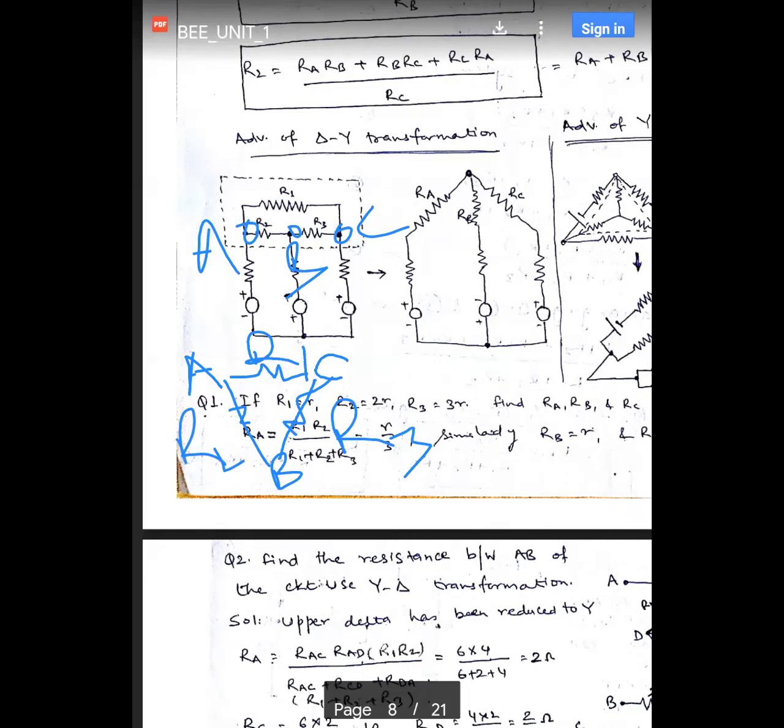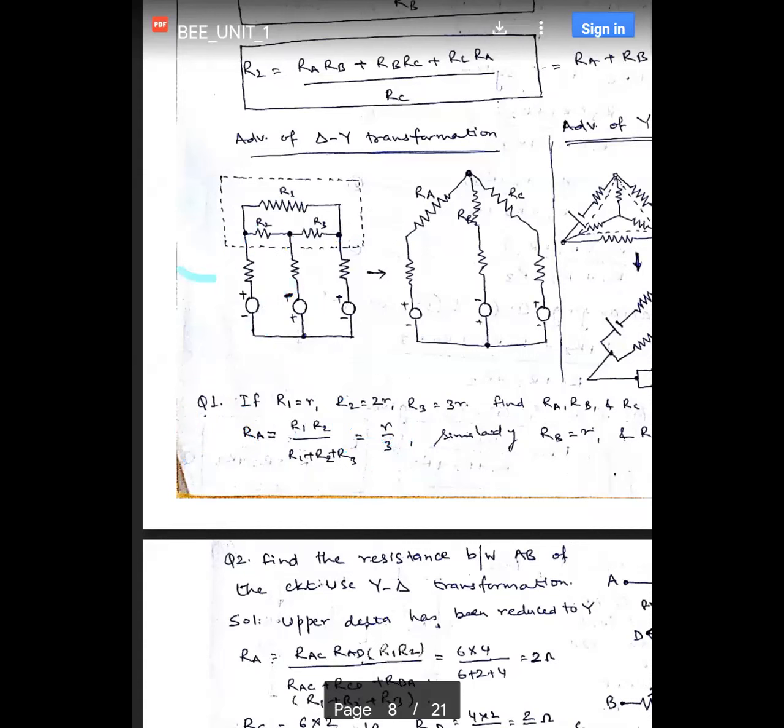The formulas which we have studied give us Ra equal to R1 R2 upon R1 plus R2 plus R3. So if the values of R1, R2, R3 are given, then we can easily calculate the values of Ra, Rb and Rc. So this is the star transformation.